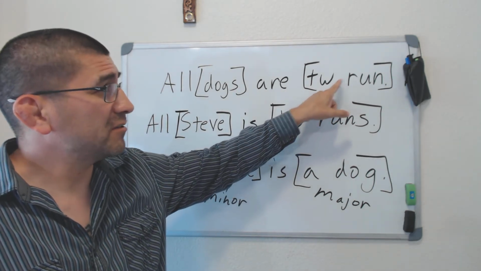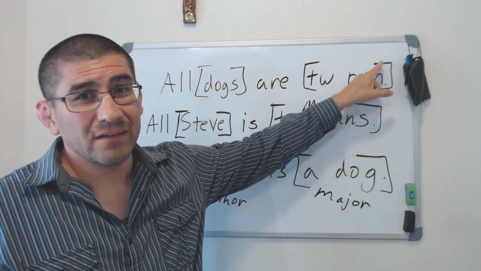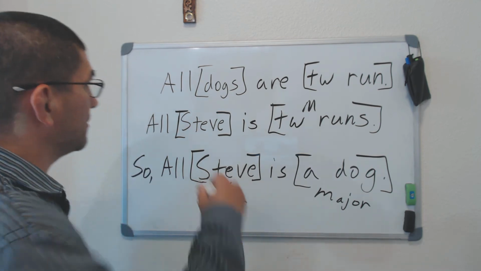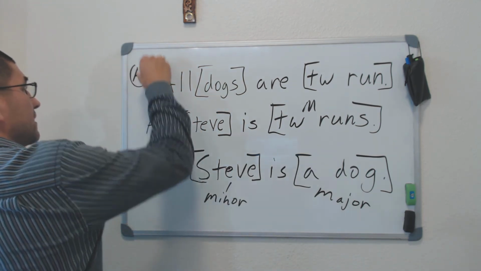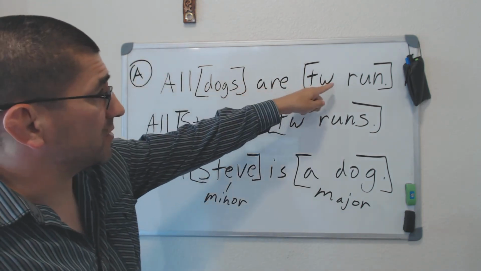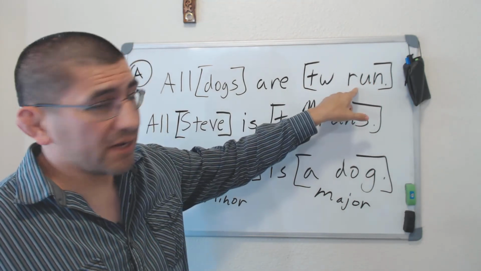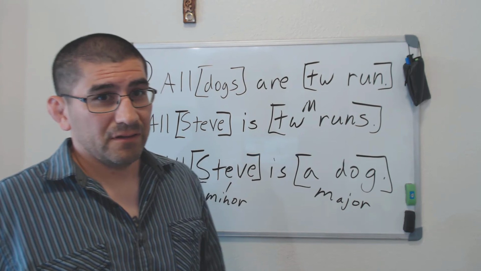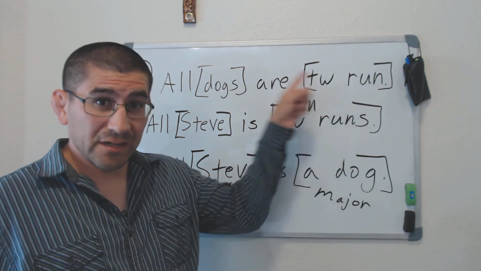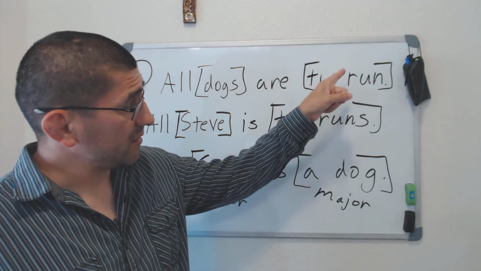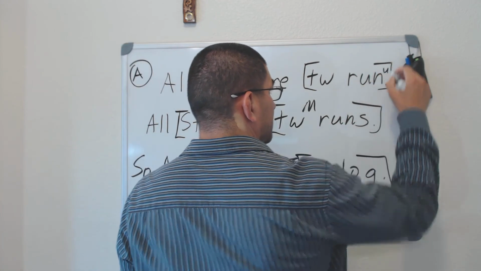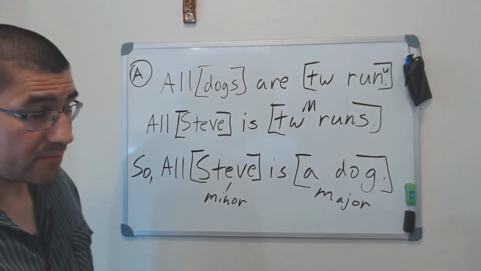In other words, is there a little U or a D over the predicate term in an A proposition? It's an A proposition, and this is the predicate term. Is it distributed or undistributed? If you look at a chart on this, you're going to see there's a U there, because it's undistributed.